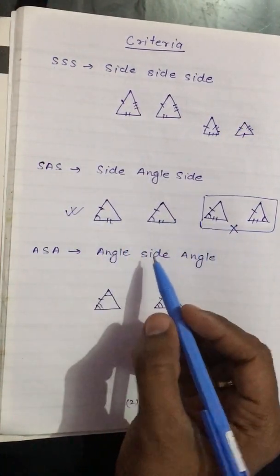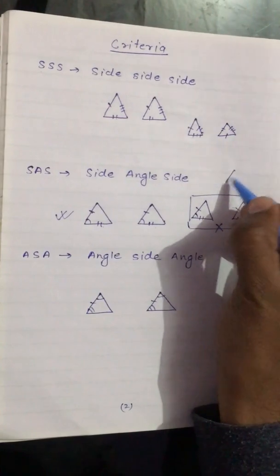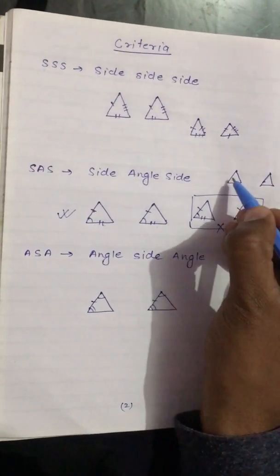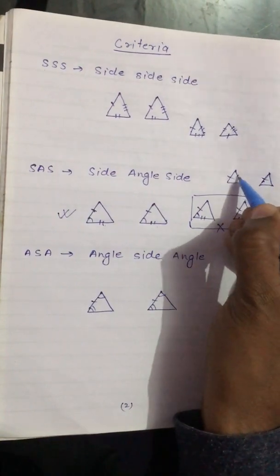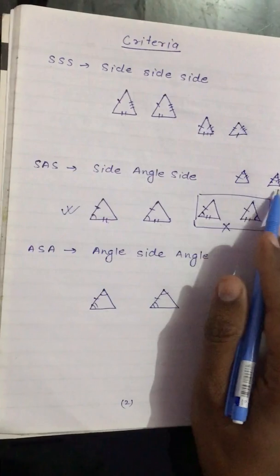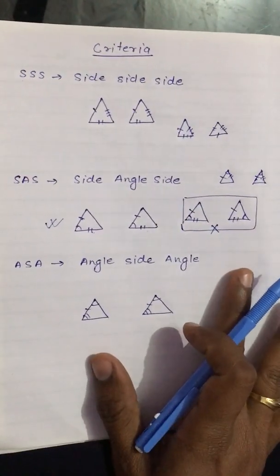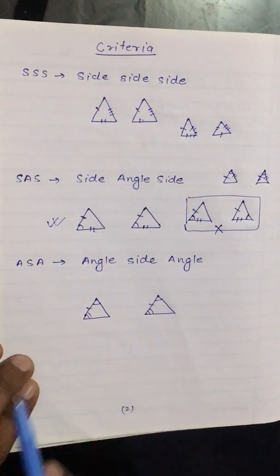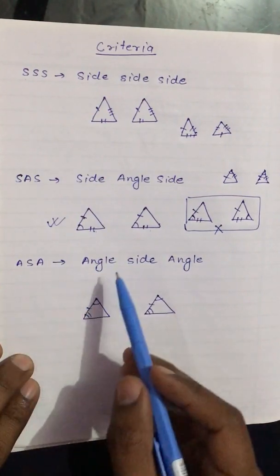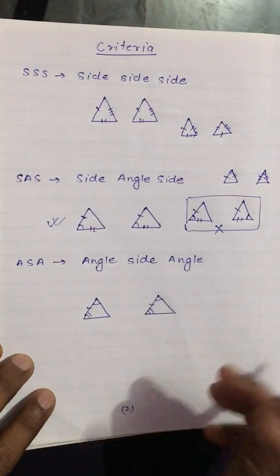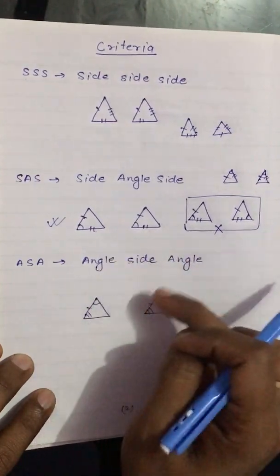It could also be the same, like if I draw these triangles, maybe this side and this side, then this angle between, then they are congruent triangles. Understand? The third criteria is angle side angle. Angle side angle means two angles and the side between them.